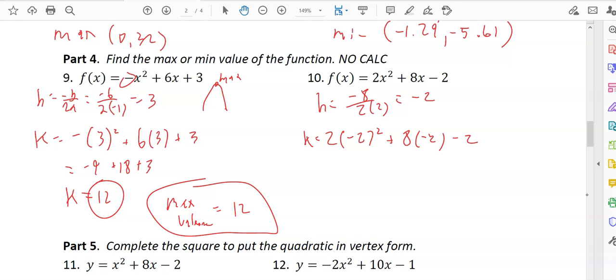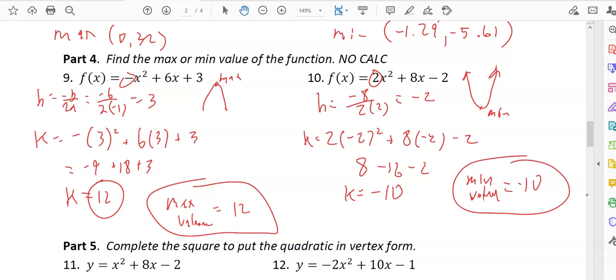So that's 2 times 4 is 8 minus 16 minus 2. 8 minus 18 is negative 10. K is negative 10, which means, by the way, because it's opening up, because A is positive, this is going to be a minimum value. So the min value is K, which is negative 10. That's as low as the graph goes for this parabola.